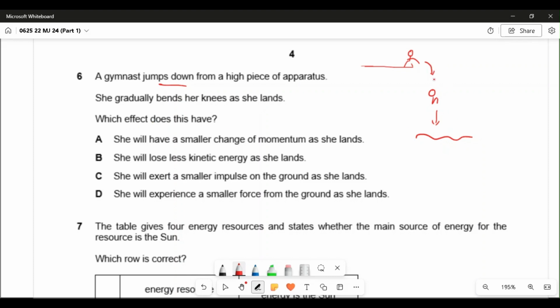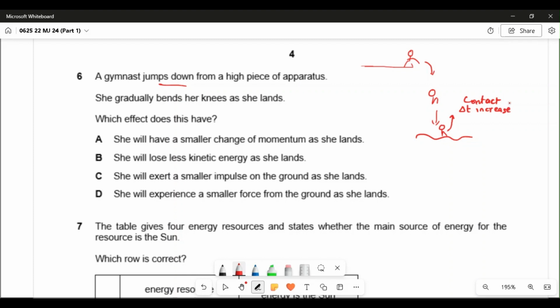As she is going to hit the ground, the bent knees will increase the time taken. So she is trying to increase the contact time with the ground.